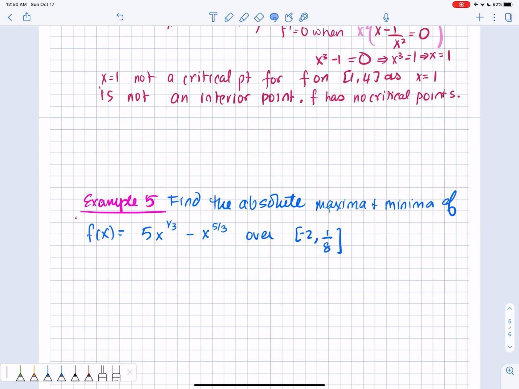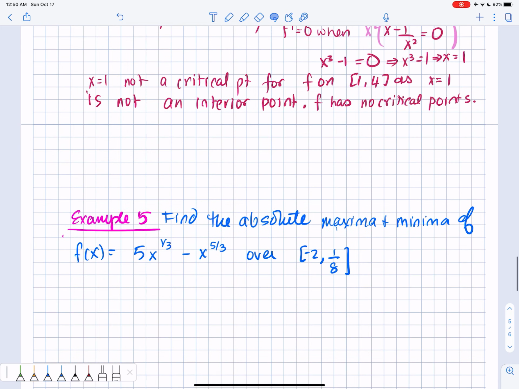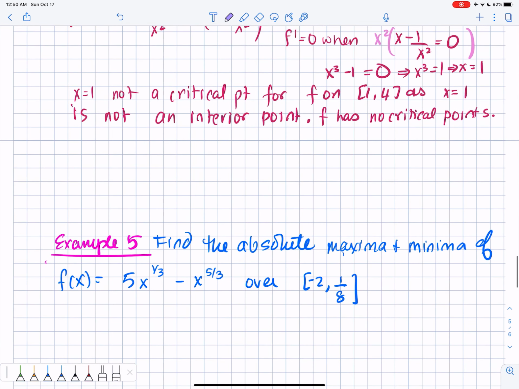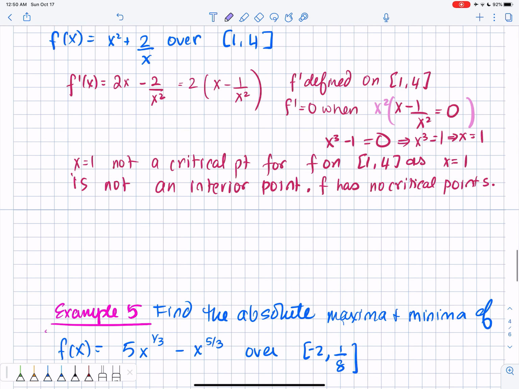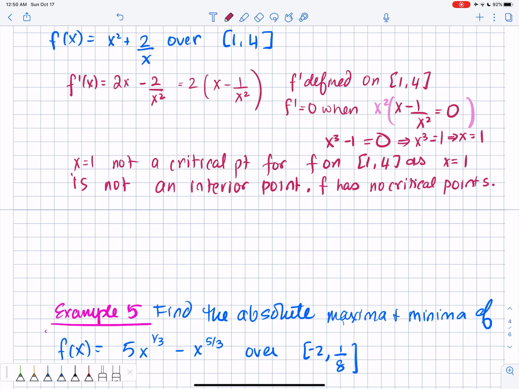So f has no critical points, so that part was done. Then what was the second part we had to do? We had to find the values of the function at the critical points and the values of the function at the endpoints. So let's find what is f of 1.